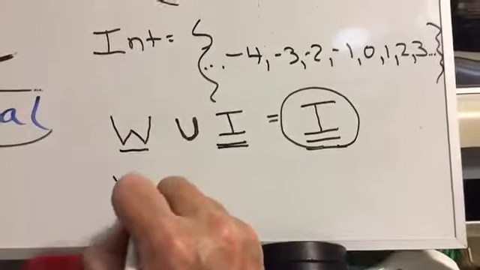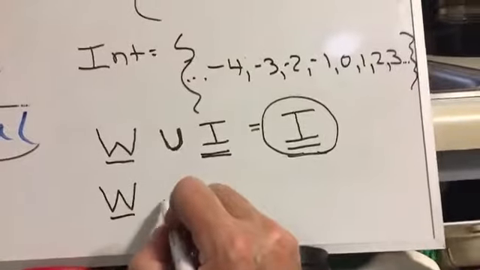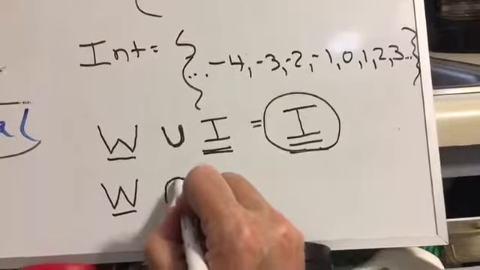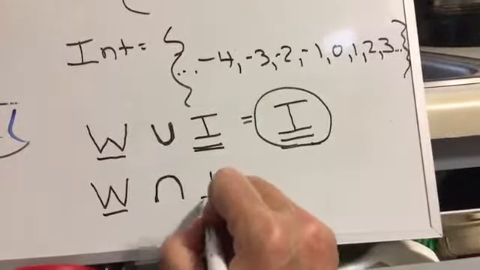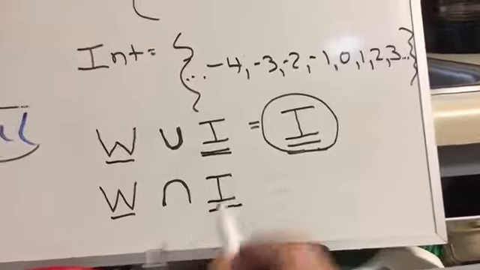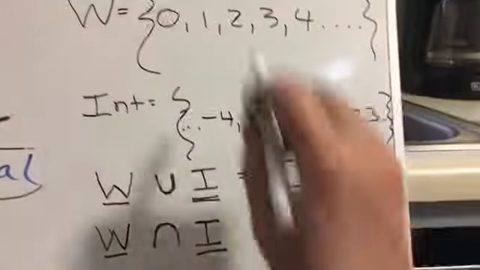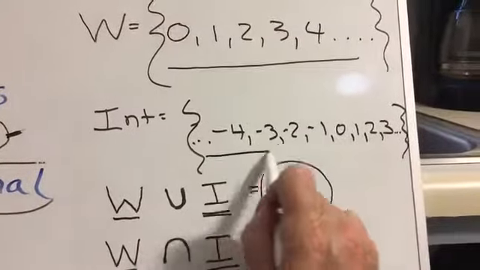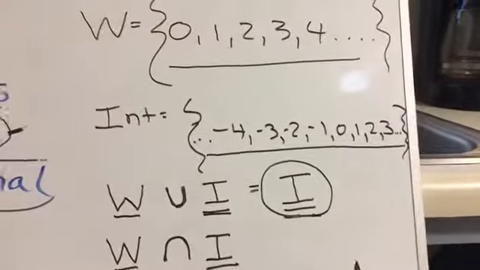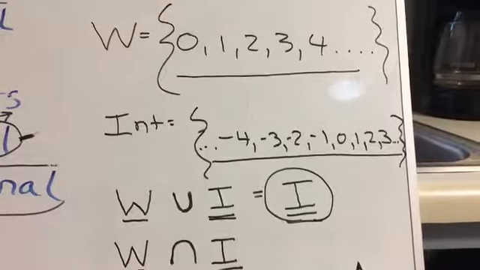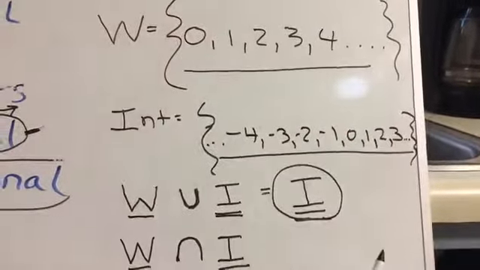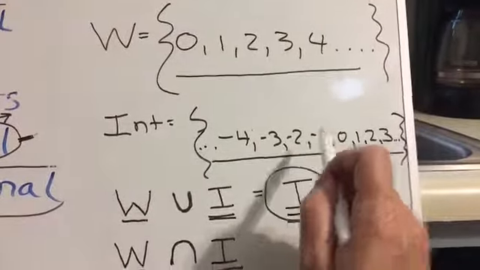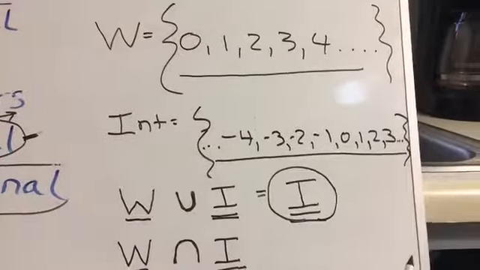What will happen when I take the whole numbers and I intersect them with the set of integers? Well, the whole numbers are actually included inside the set of integers. The integers contain more than the whole numbers, but the integers contain every one of the whole numbers.